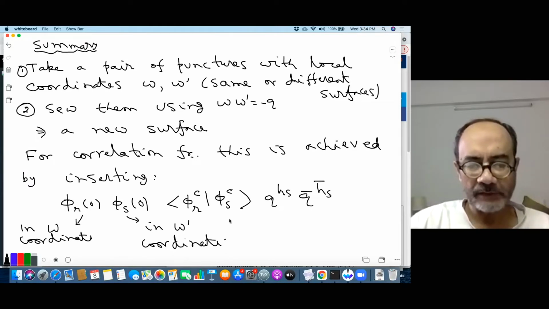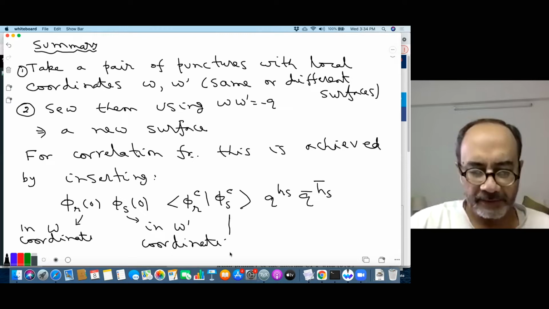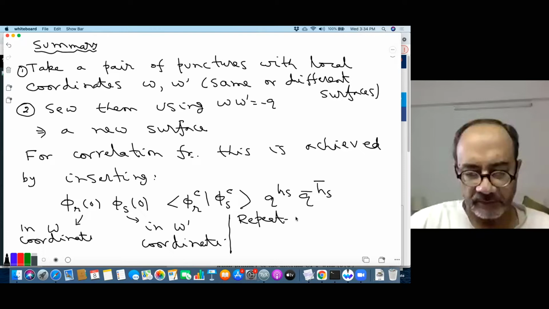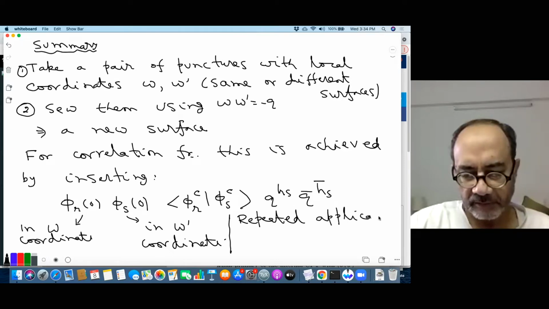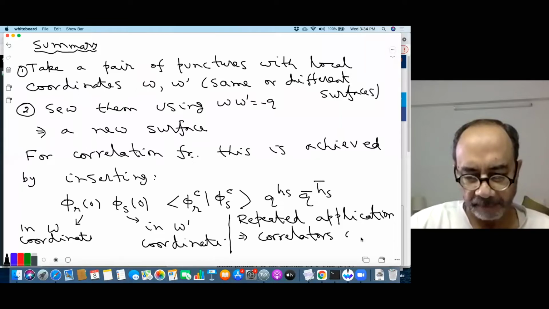And then we said that repeated application of this can give the correlation function on any Riemann surface.